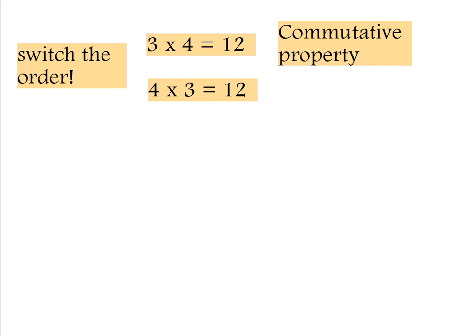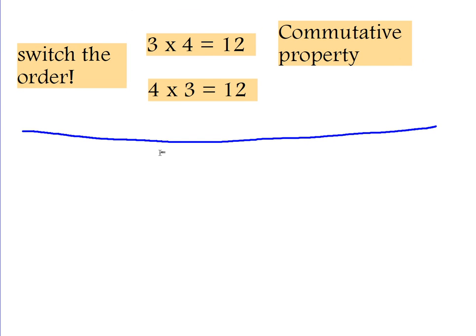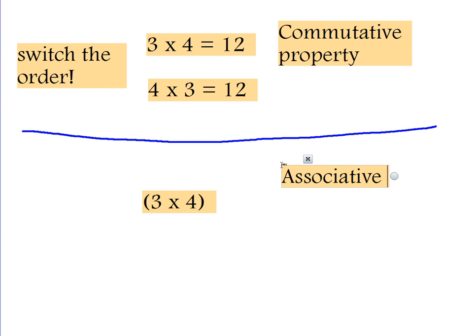Now let's take this same example, except let's make it show us the associative property. If we take 3 times 4 and we group that, because the associative property is grouping, we know that 3 times 4 is 12.